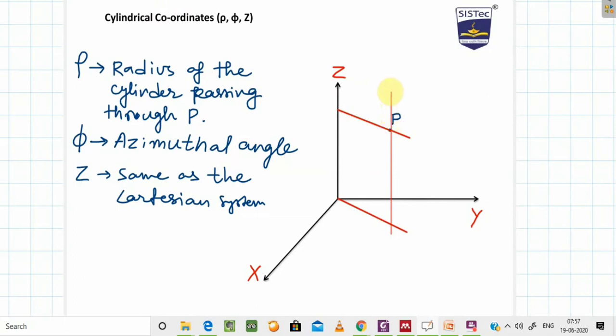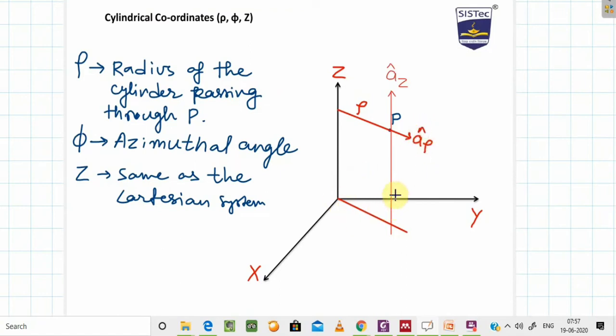And this one is pointing in the direction of the z axis, so the unit vector along this will be a z. Now this one is rho, so the unit vector pointing in the direction of rho will be a rho.